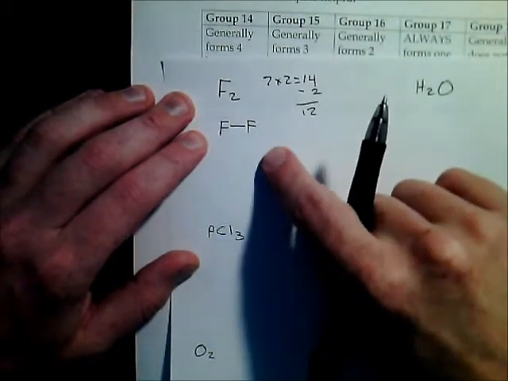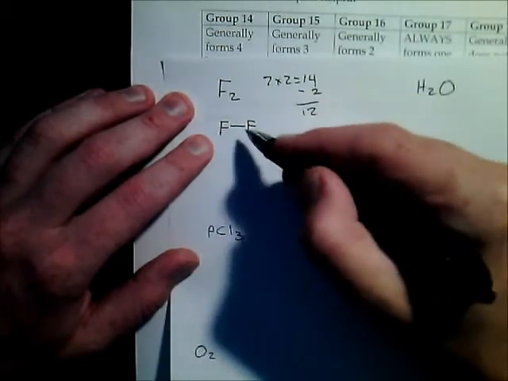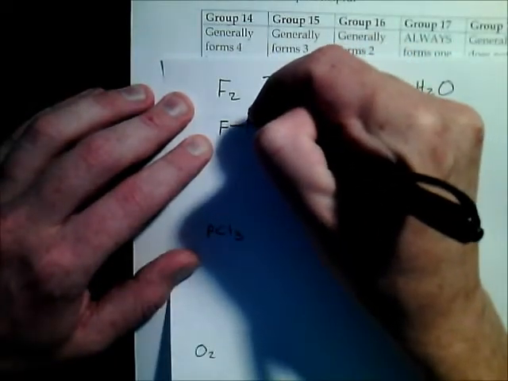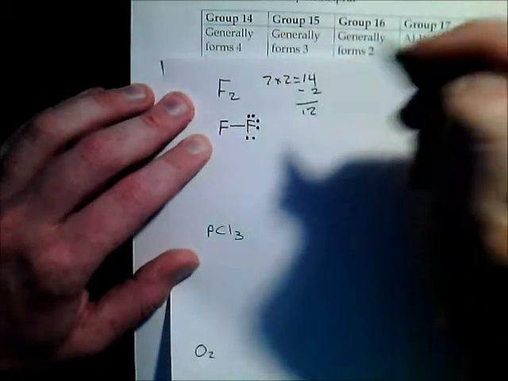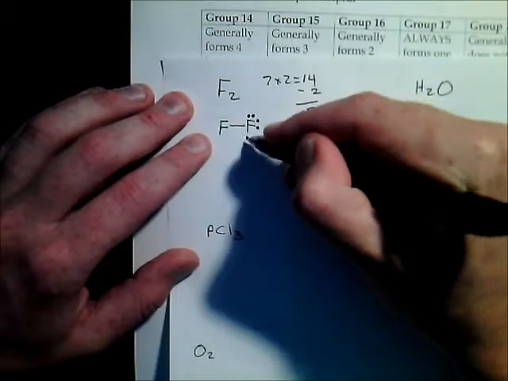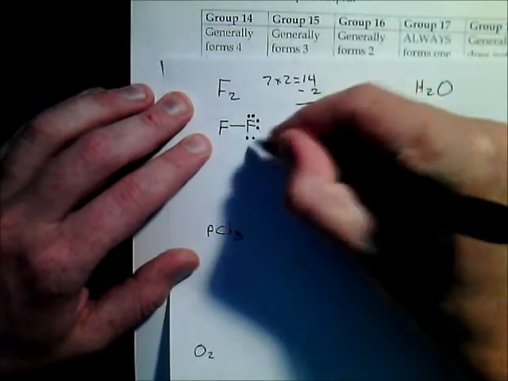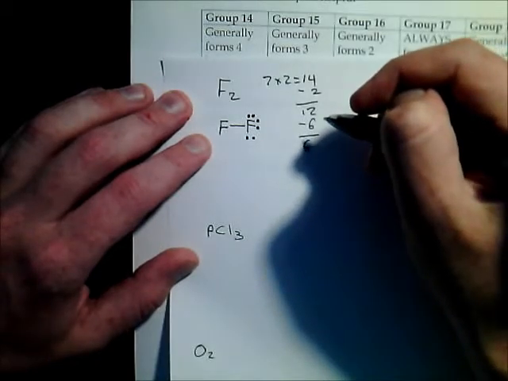Right now, each fluorine has 2, because this counts as 2 for both. So this fluorine would like to have 6 more electrons, and I'm representing those as dots around the fluorine. Since I've drawn 6 dots, I can subtract 6. That means I have 6 electrons to go.